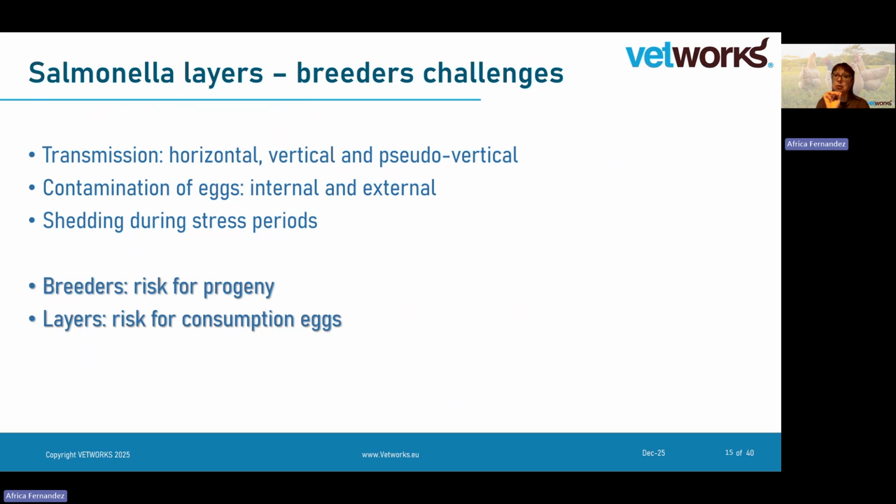I would also like to put a little bit of attention on pseudo-vertical transmission, meaning that the Salmonella may not be internally in the embryo, but it may be on the outside of the egg or even on the surface inside the egg because of the cooling process while the egg is cooling from the hen temperature to the environmental temperature. There is a hoovering effect, so it absorbs all the contamination around.